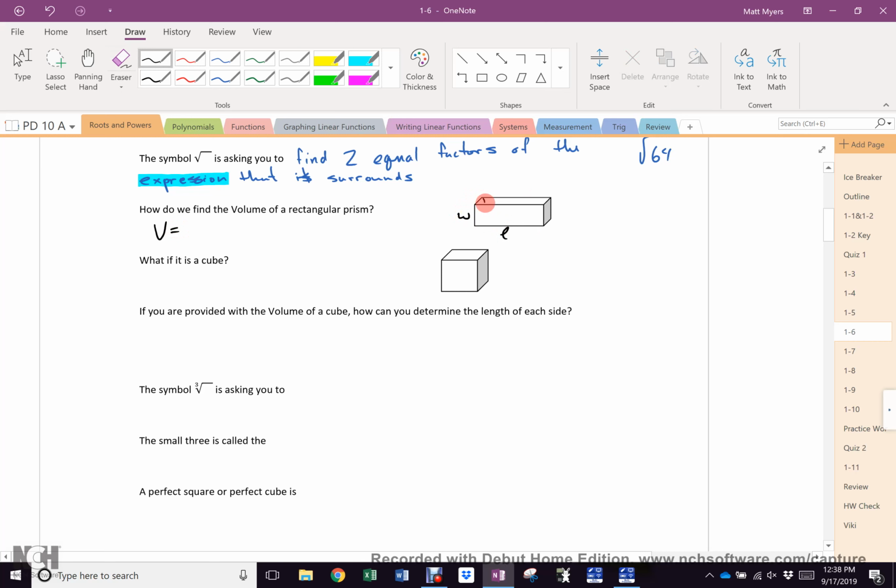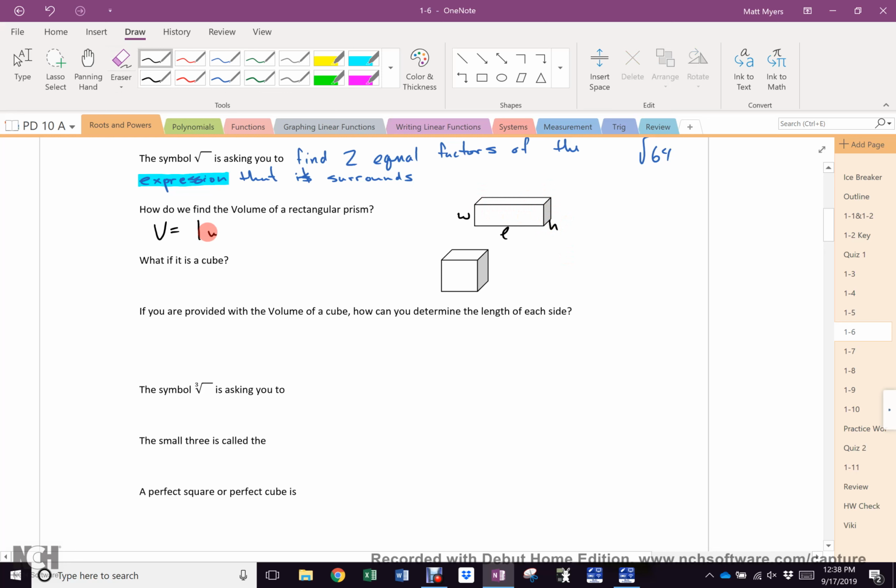And what is back here at the back of this prism? Well, that's another rectangle, right? Which means that rectangle went back this way a certain amount. Yes? That certain amount right there is a height. Because this rectangle repeats that many times.